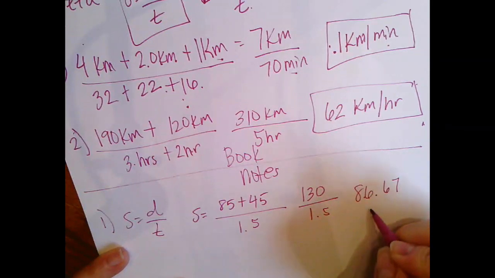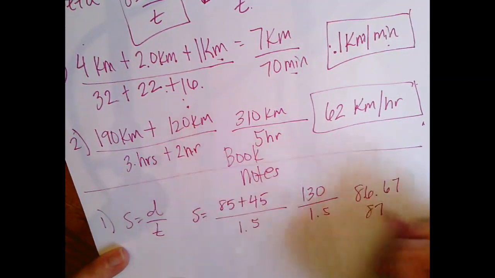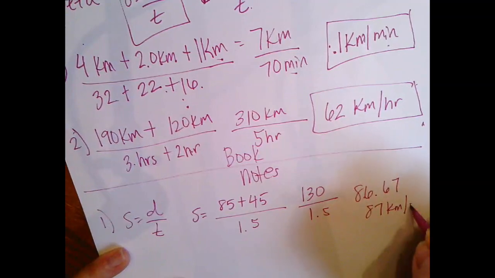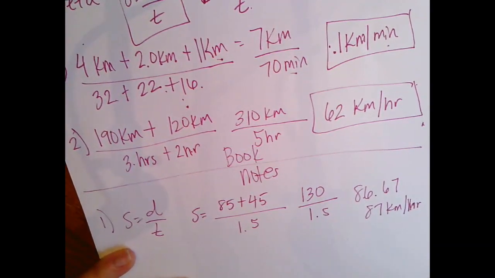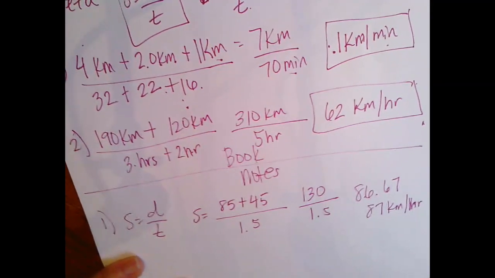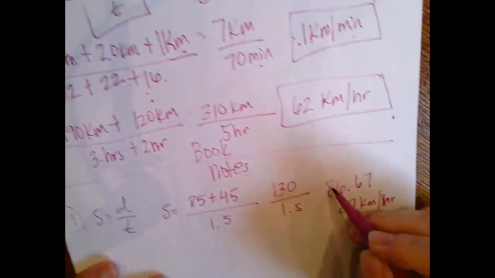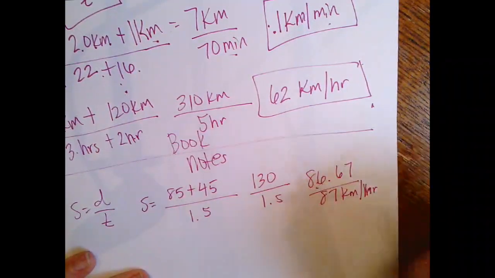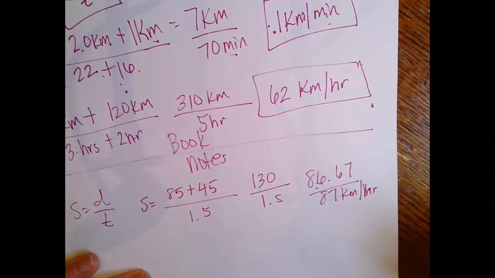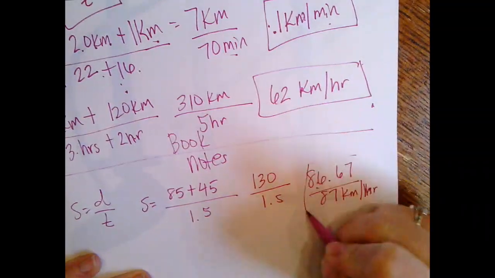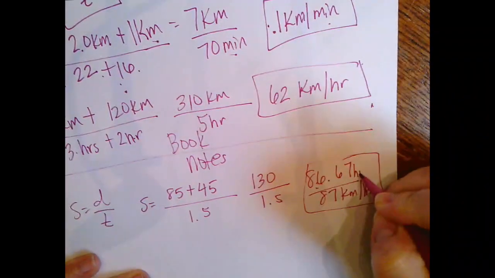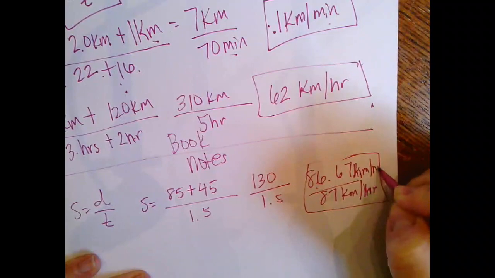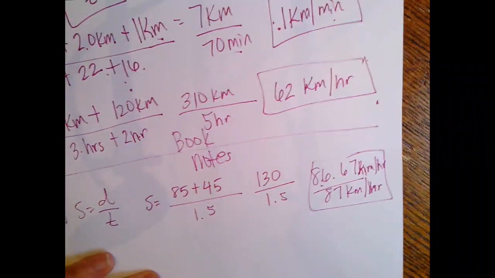Honestly, I would probably round this off at 87 kilometers per hour, because when you're looking at speedometers, you're never really going to say, oh hey, I was going 45.2 miles per hour. So I don't really like to do decimals on here. I like to keep speed as just a whole number because you're never going to say that, okay? So either one of these answers with the unit would be fine, okay?